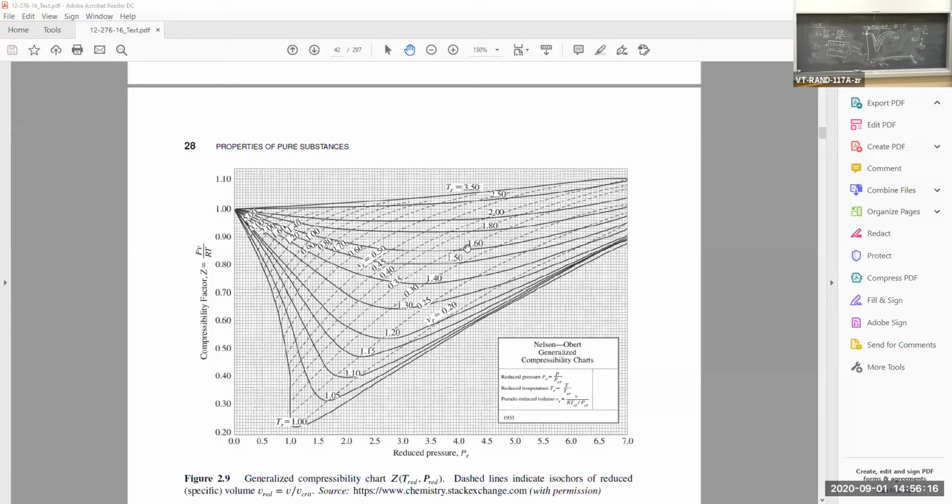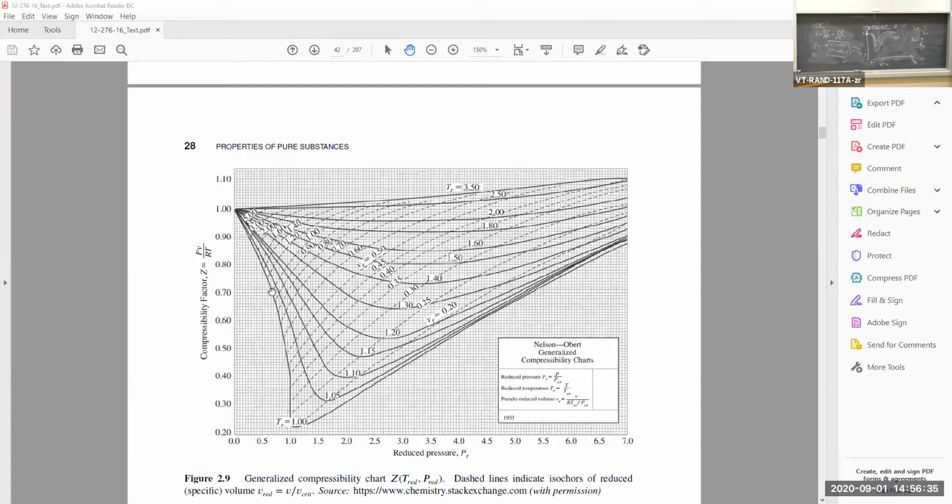What about temperature? Well, certainly for fairly low temperatures or fairly low reduced temperatures, so here's reduced temperature equal to 1, Z starts to vary very quickly as reduced pressure increases.